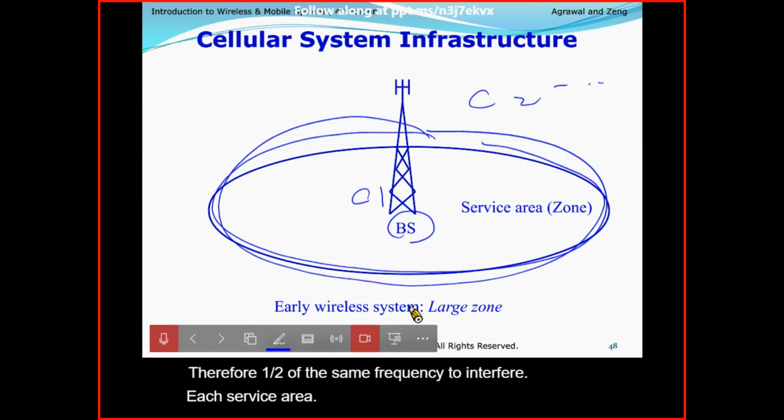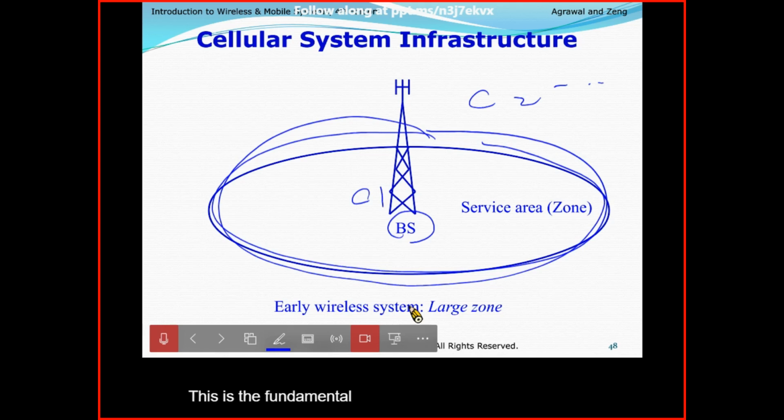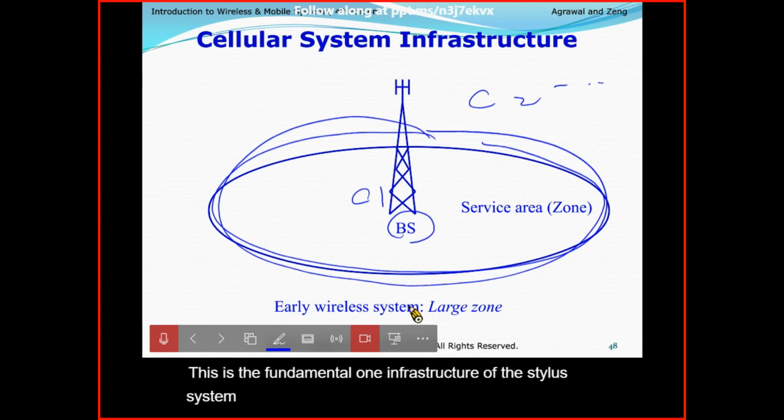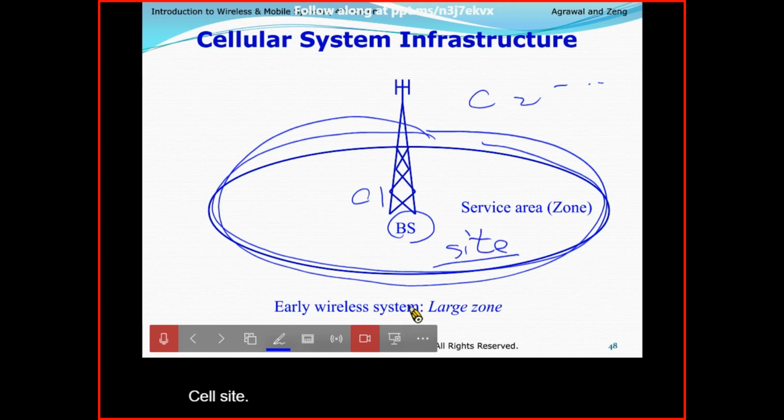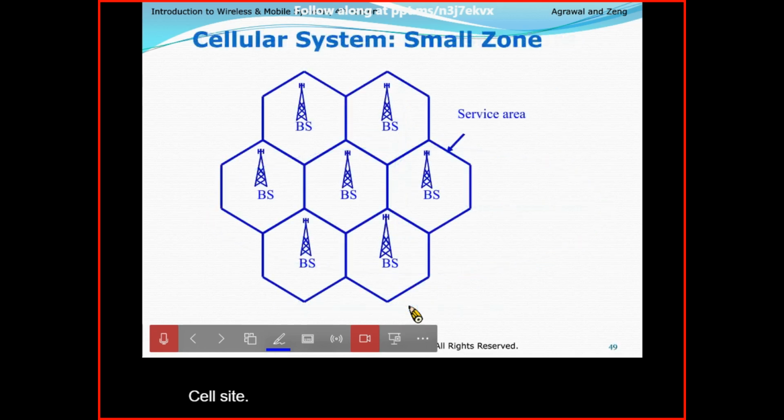Well, this is the fundamental one, the infrastructure of the cellular system. And for this we need to have the base station, actually the cell site of the service area. Well, one cell site, and we still have the other cell site.